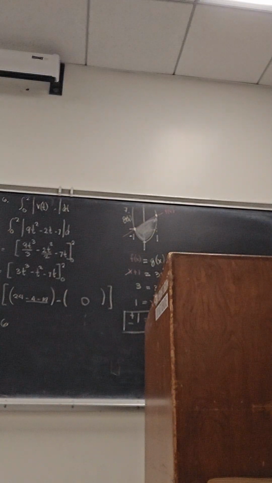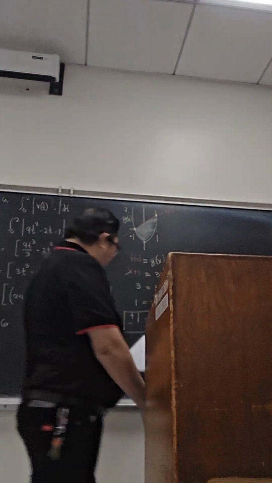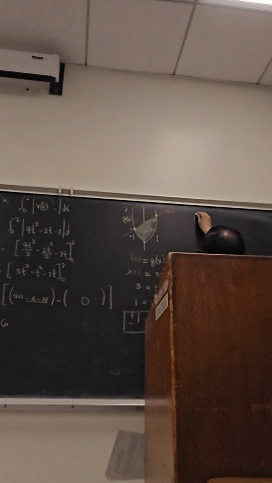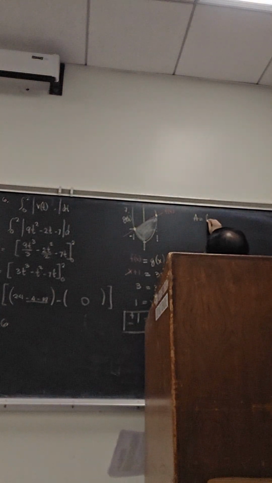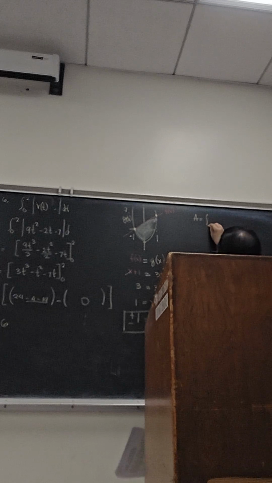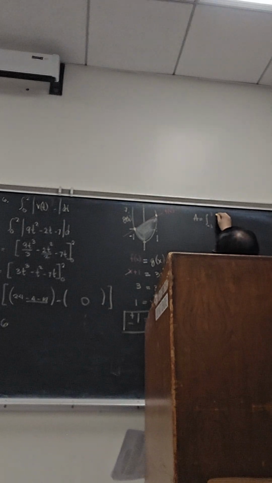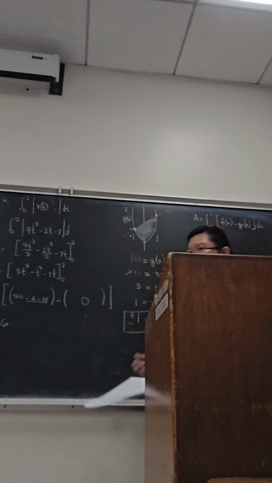Okay? So we now formulate what is asked: the area of this bounded region. So area now is equal to the integral from negative 1 to 1 of f of x minus g of x dx. Okay, can you do first by yourself?